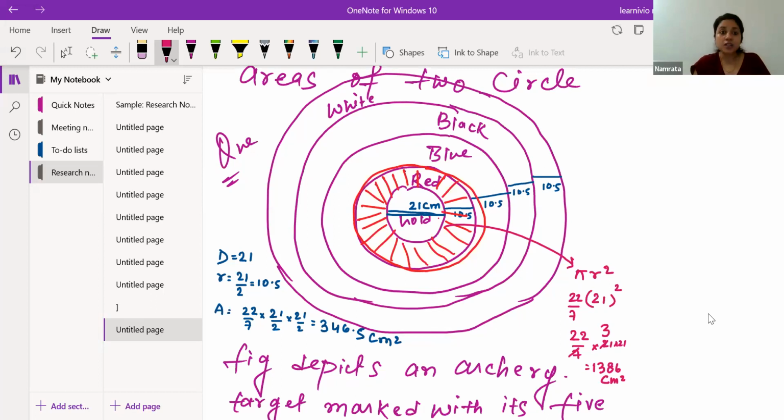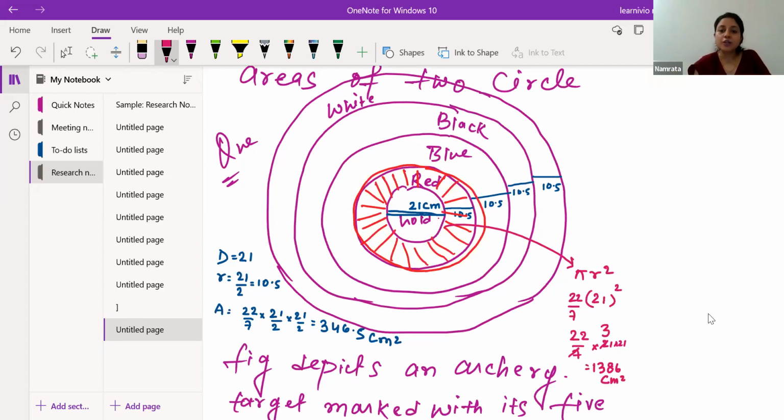Okay, ma'am. That bigger circle's area is 1386 centimeter square, but we don't have to find the complete circle's area. We have to find only that shaded red part. That means from the bigger circle area, if we take out the smaller circle area, we will be left with the shaded part, right? Yes, ma'am.